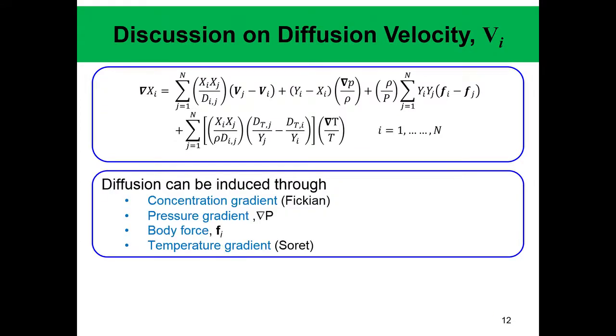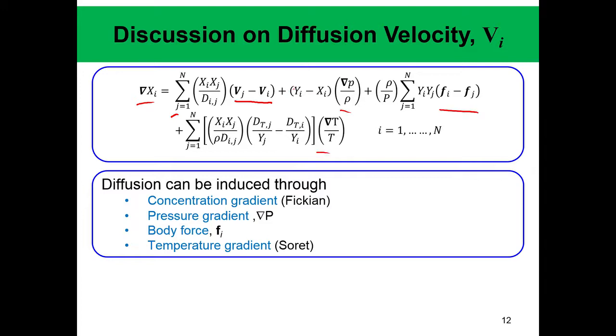Once again, note there is a correction: the summation over j goes from j equal to 1 to n instead of i equal to 1 to n. This means the gradient of the concentration can arise due to the difference of the species diffusion velocities Vj minus Vi, due to pressure gradient, due to body force difference, and due to temperature gradient.